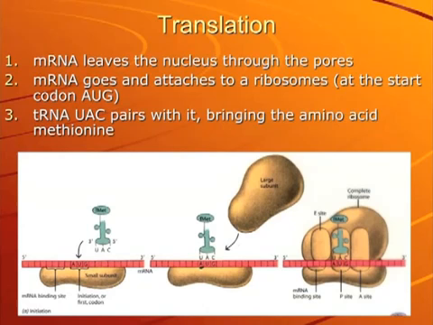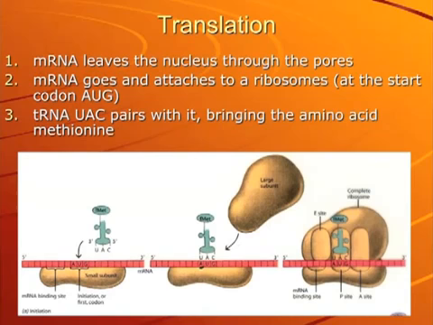Then tRNA, UAC, because those are complementary to AUG, pairs with it and brings the amino acid methionine. As you see in the picture, the first part of the ribosome attaches, and then the tRNA comes in and attaches to the end of the ribosome. You'll see you have 3 different sites in your ribosome, and the P site is where your methionine tRNA is right now.